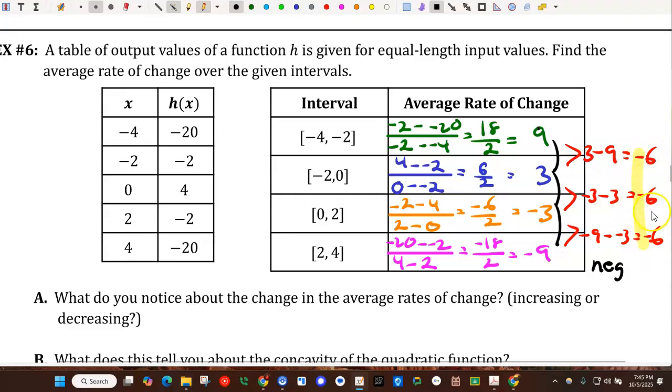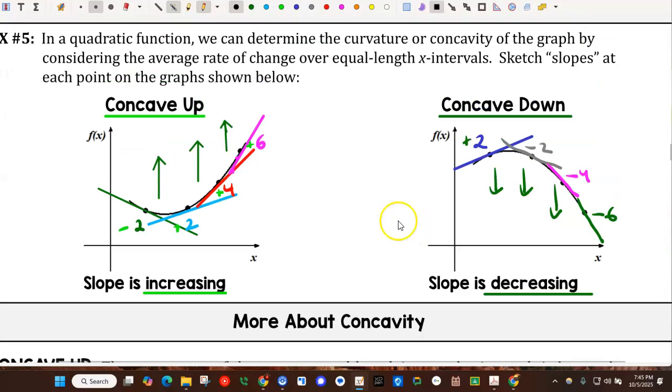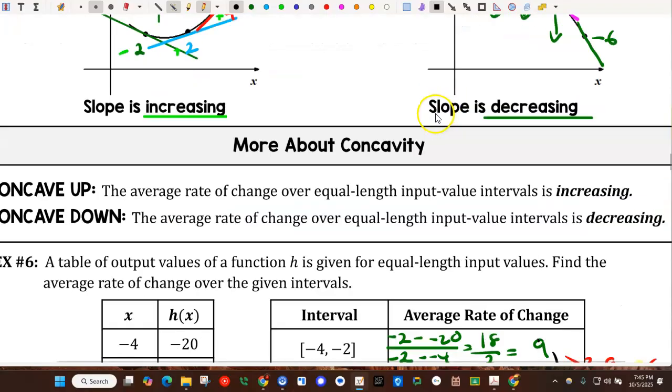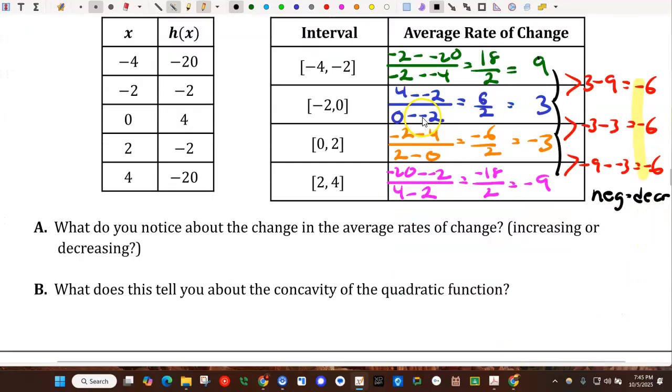So it tells us, number one, it's a quadratic because these are all the same number, and number two, that since they're negative, that means it's decreasing, right? Which also means, like this one right here, the slopes are getting smaller. It means that our graph will be concave down, and we can get all that information without actually graphing it, and that's the most important part.